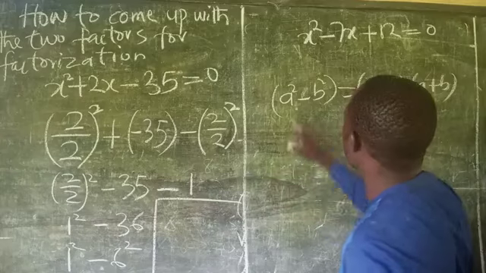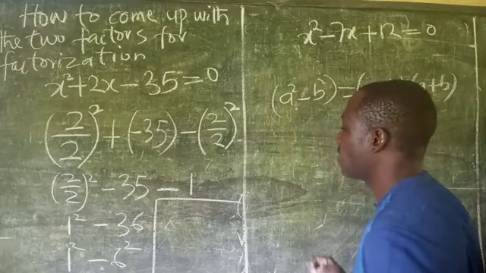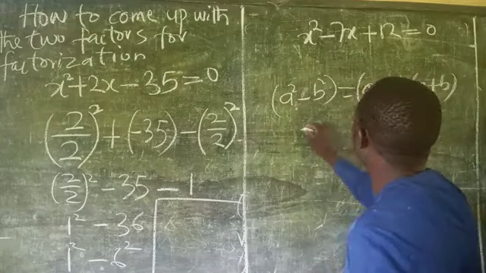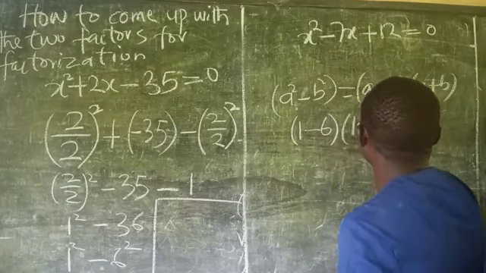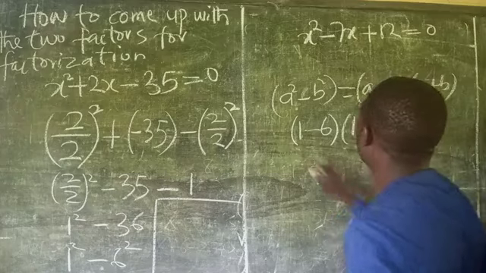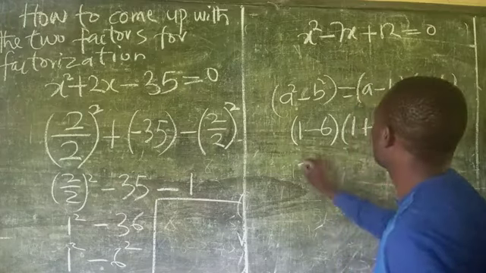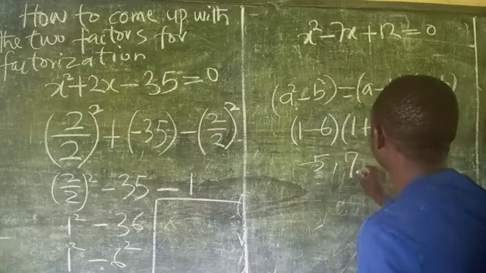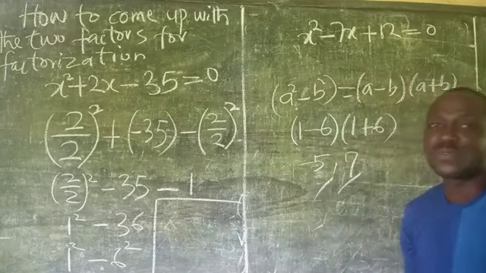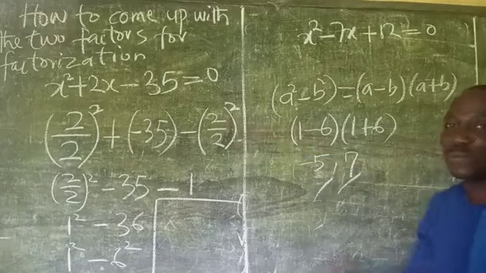So if our 1 is a and our 6 is b, it will end up being 1 minus 6 and 1 plus 6. What is 1 minus 6? It's minus 5, and 1 plus 6 is 7, which is our two factors that we suspected from the beginning.